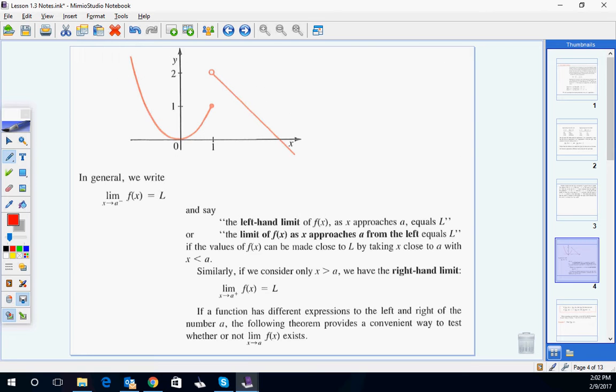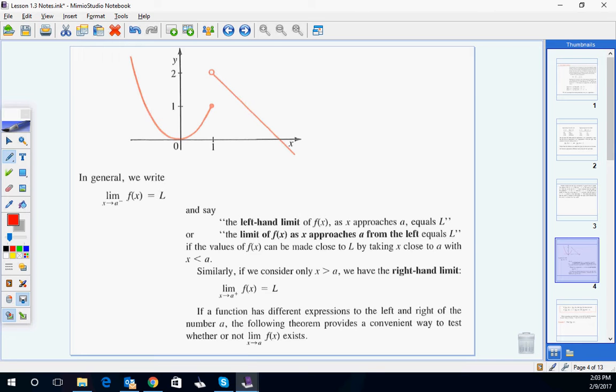Here's my x squared, it stops at 1, jumps up to here, and there's my 3 minus x. You can see it's discontinuous because at this point we jump and go a different direction. If they were on top of each other, that'd be continuous. If this happened to be the same point, then it would be continuous.